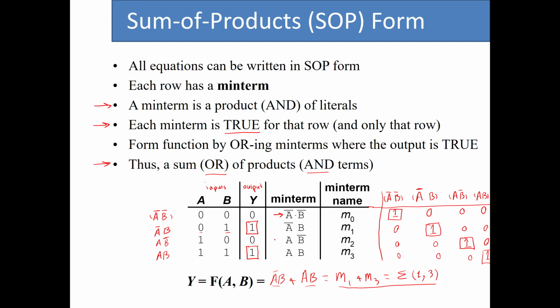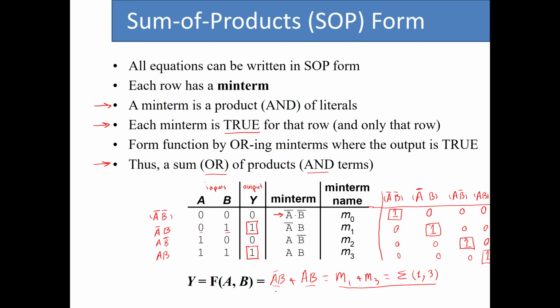So again, a quick overview. We create the truth table for our function first. For each one of these rows, we have a unique minterm which is true for that specific row. To create the function, we OR all the minterms for which the output is true. So here we have these two rows for which the output is true.